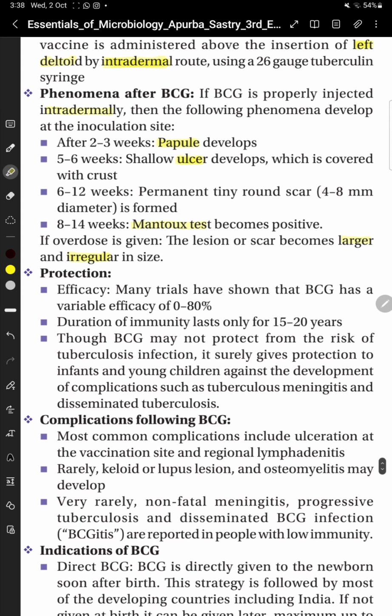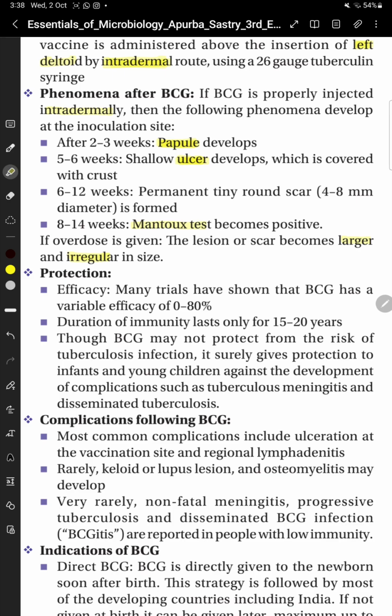So when BCG is properly injected intradermally, after 2 to 3 weeks a papule will develop. After 5 to 6 weeks an ulcer develops, which is covered with crust.